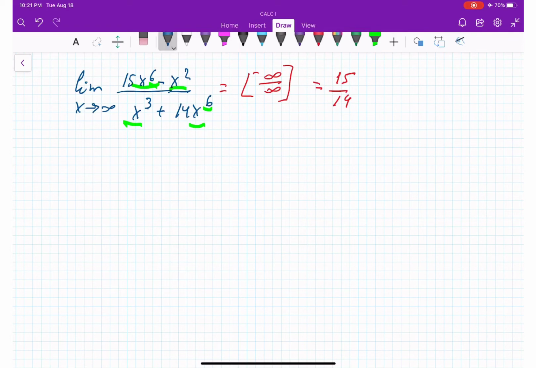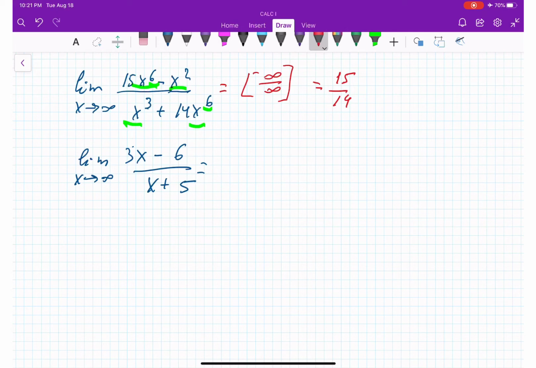One more. Limit as x approaches infinity of (3x - 6) over (x + 5). Okay, let me clean this too. So do we get again infinity over infinity?